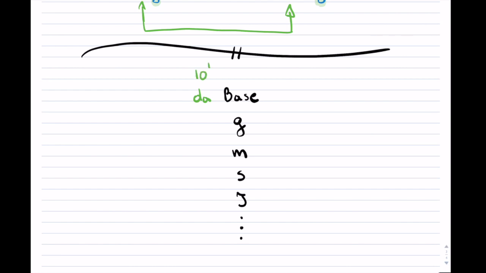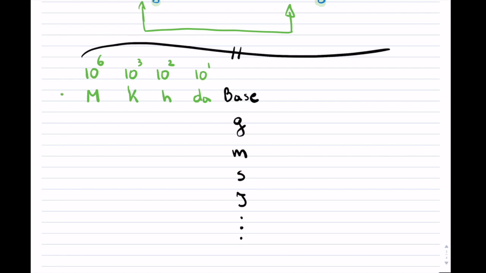Then it was hecto, which was h, which was 10 to the power of 2. And then after hecto, it was kilo, which meant 10 to the power of 3. Now notice they are jumping by 1, and then the next one was mega, but mega was 10 to the power of 6.